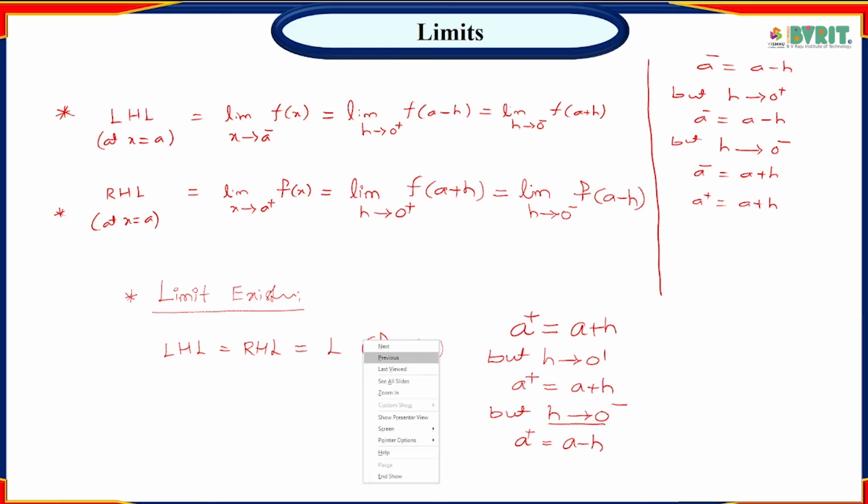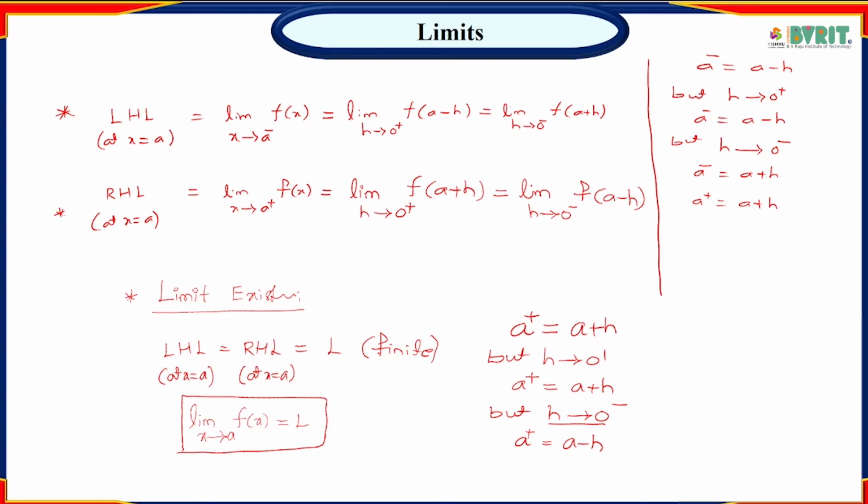The left hand limit at x is equal to a, and the right hand limit at x is equal to a, are equal to some finite value, then the limit exists, or the limit x tends to a, f of x is equal to L. The limit x tends to a, f of x is equal to L, means f of x approaches L as x approaches a.